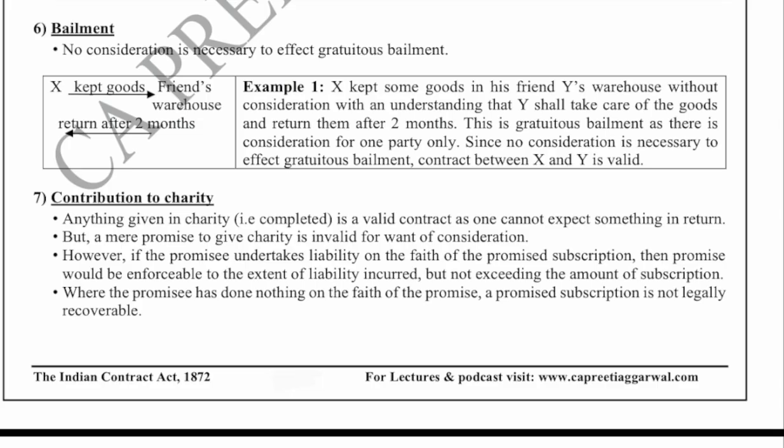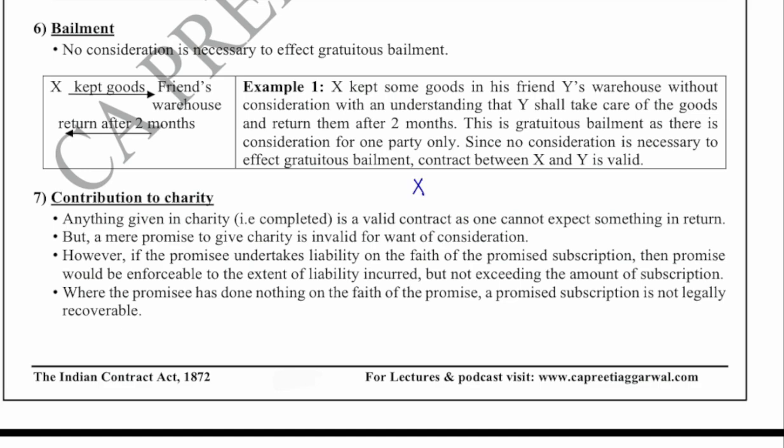Anything given in charity is valid. You cannot expect something in return. So, it is valid even if there is consideration for just one party. But a mere promise to give charity, I promise I will give, that is not consideration. There is no consideration for both the parties. That's not valid.